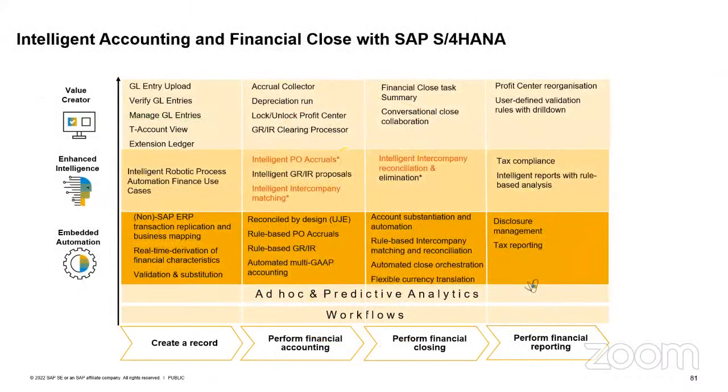But what are the things where we bring value, right? So there are certain things where we have value creators. We have broken it into two dimensions: value creator or enhanced intelligence or embedded automation, and the areas of creating a record, financial accounting, financial closing, or reporting. In all these areas we have different tools which can be used.